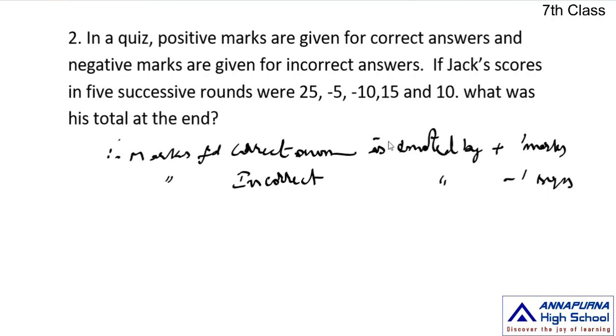It is very clear. If Jack's scores in 5 successive rounds were 25, minus 5, minus 10, 15 and 10, what was his total at the end?